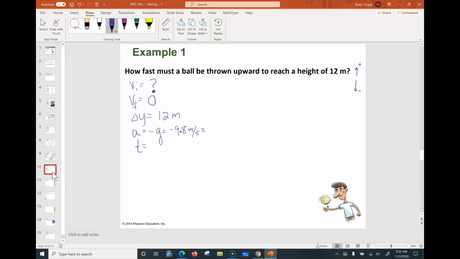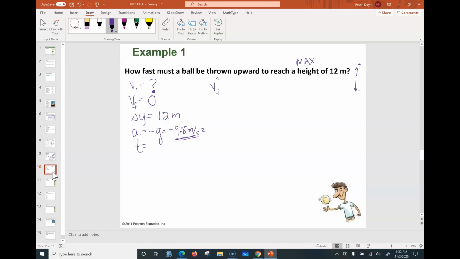Okay, so you can assume that the maximum height is 12 meters, and we fill in our variables. We want to know how fast you have to throw it. Here's my final velocity. The displacement is 12 meters from where it started, and the acceleration due to gravity is always negative 9.8 meters per second squared. And here we go.